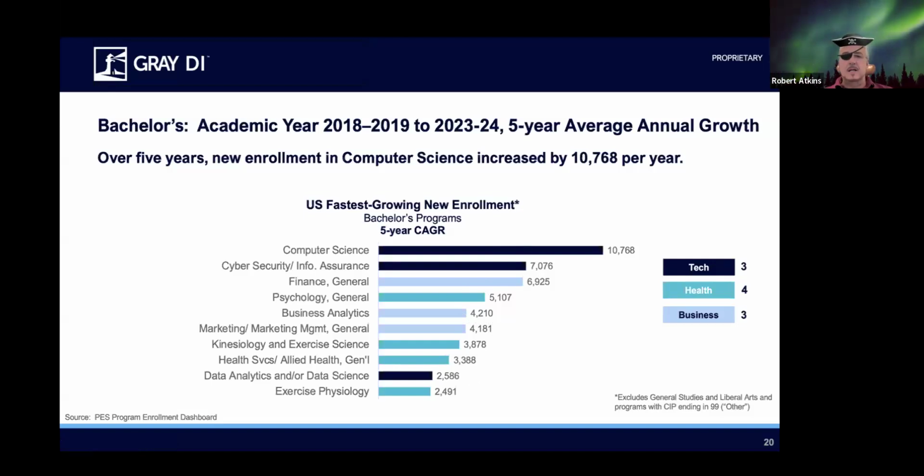So it's right on that cusp between business and tech. Very popular program. Marketing management also up 4,200 students approximately. So these are your top 10 growers in terms of enrollment over the last 5 years. And again, the degree to which your campus grew is typically a function of how many of these you were playing in. Obviously, there are other factors as well.